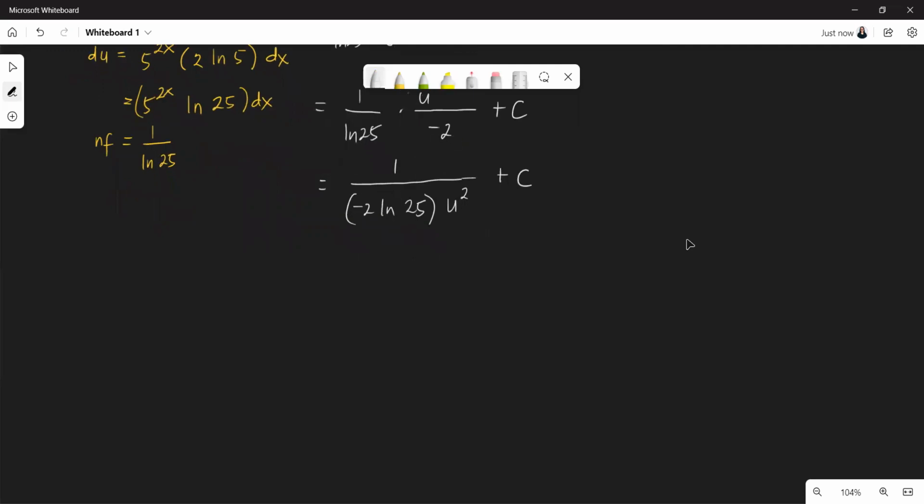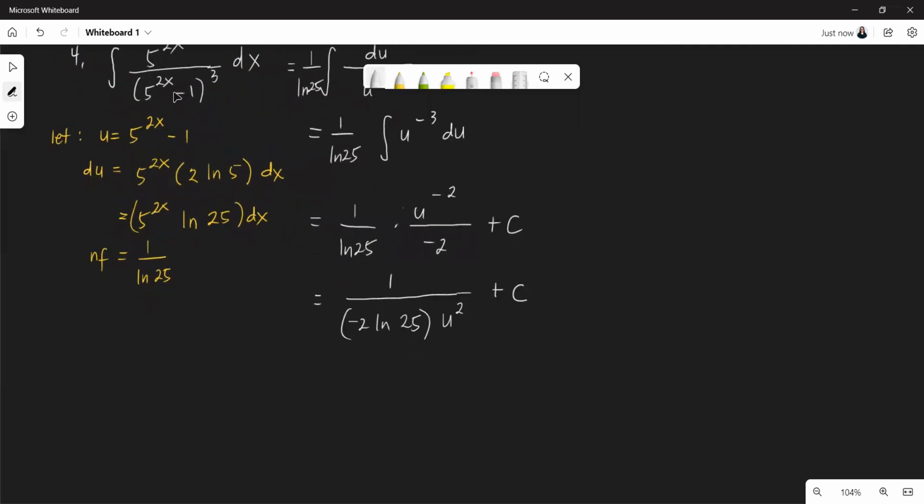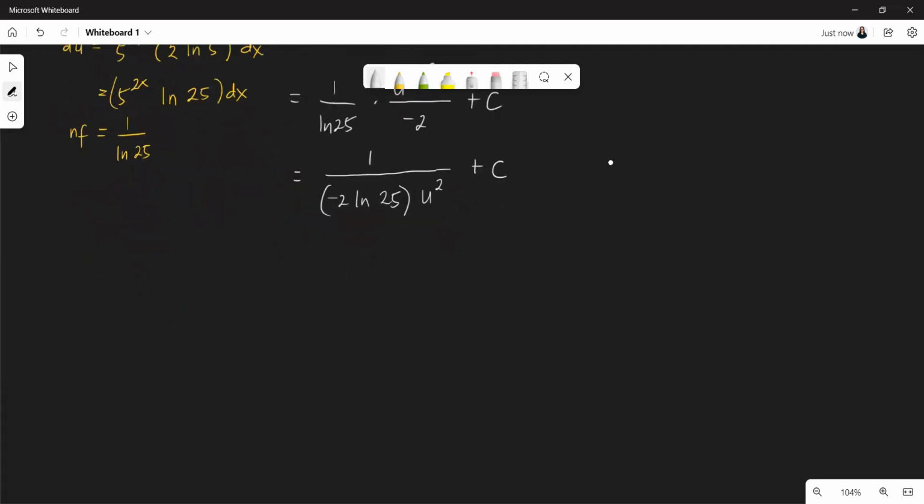So that we can write it in the same format as the given integrand, where the 5 raised to 2x minus 1 is in the denominator. So we have 1 over negative 2 ln of 25, which we can simplify later. After expressing this as 5 raised to the power of 2x minus 1, quantity raised to the power of 2, plus c.